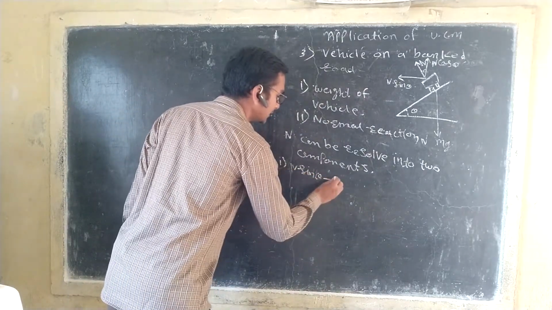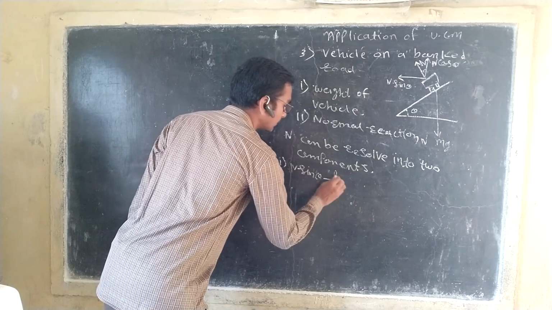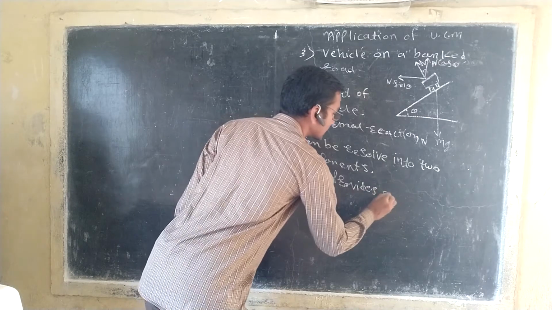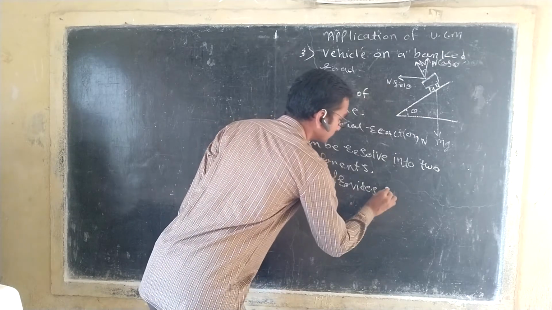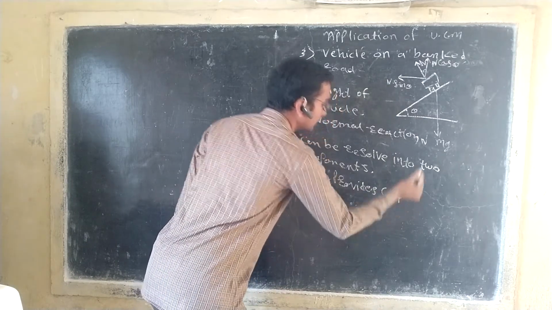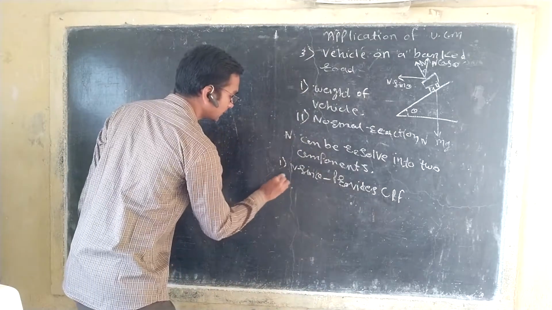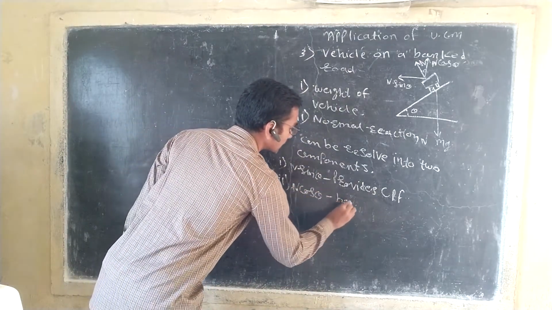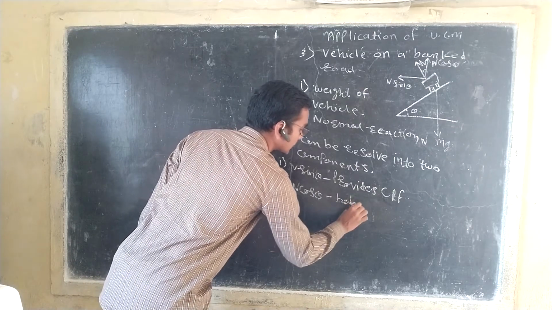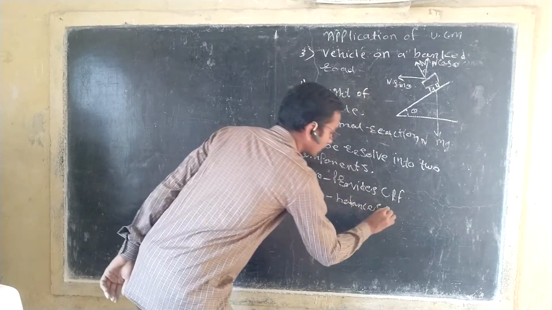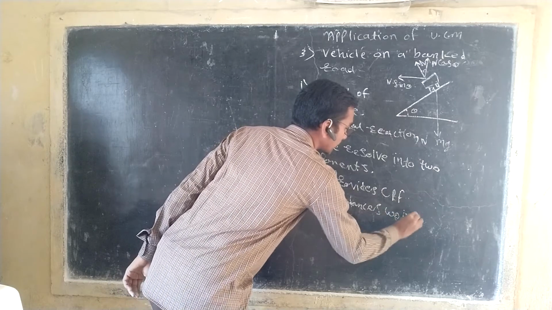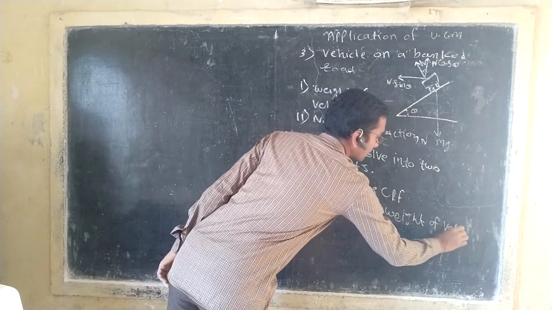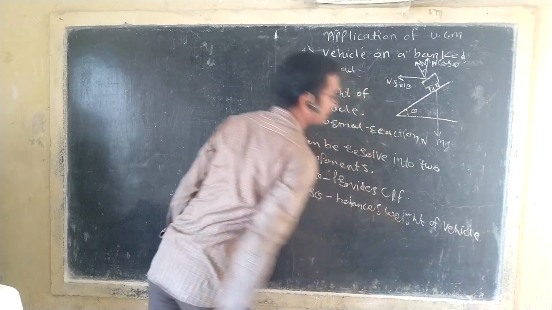This n sin theta provides the centripetal force, and second, n cos theta balances the weight of the vehicle.